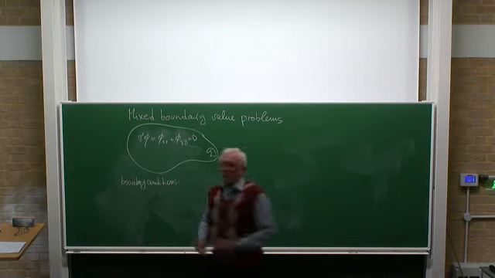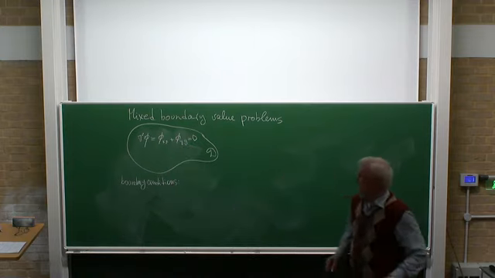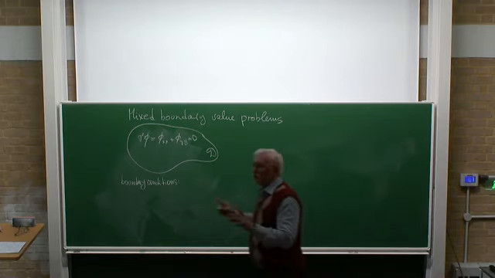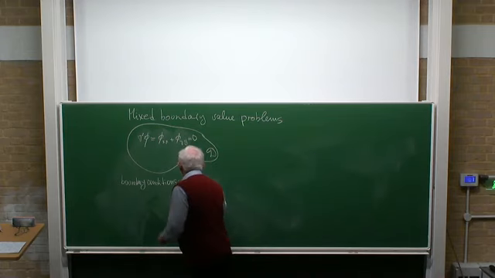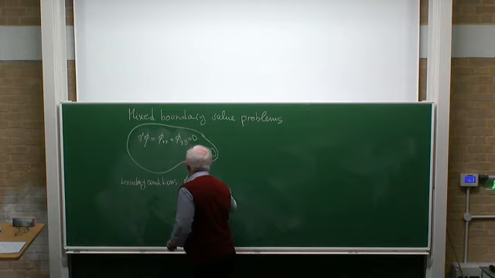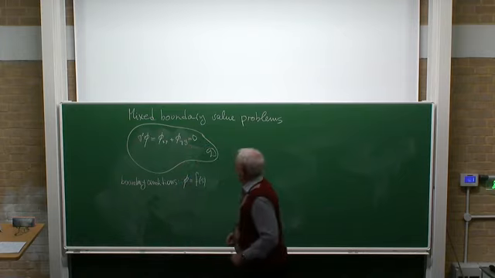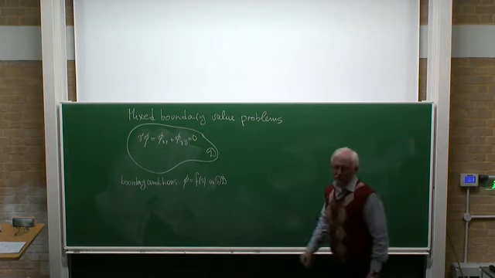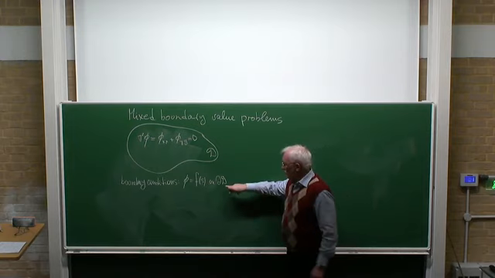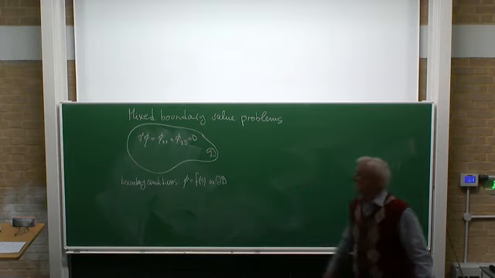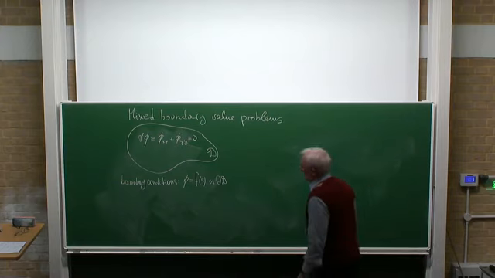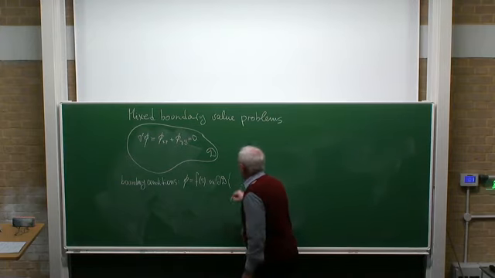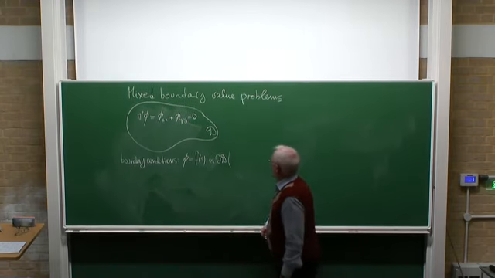Boundary conditions, there are several types, actually many types of boundary conditions, but we will work with only two of them. Either the function itself is given on the boundary, where D is a region and the partial derivative of D is the boundary. So this condition is known as the Dirichlet condition.